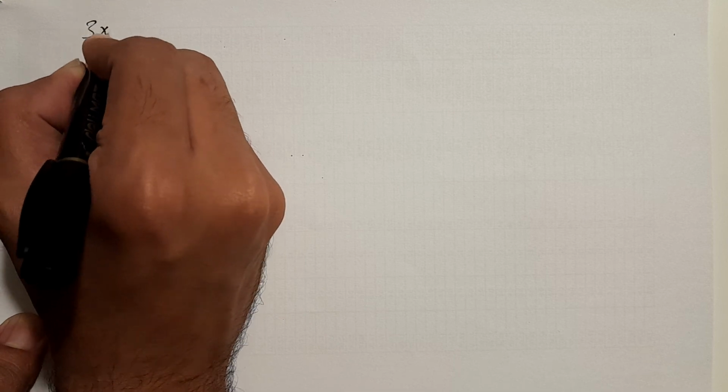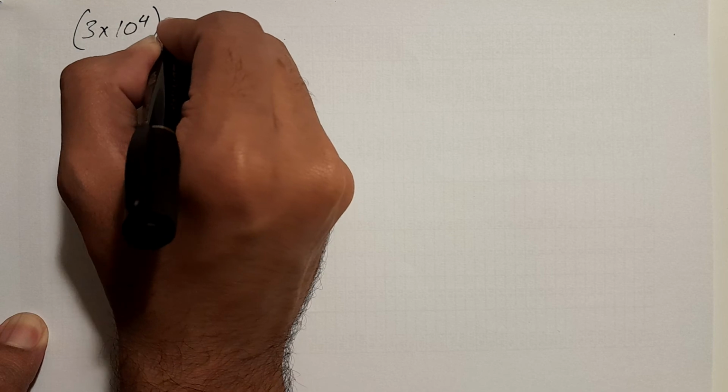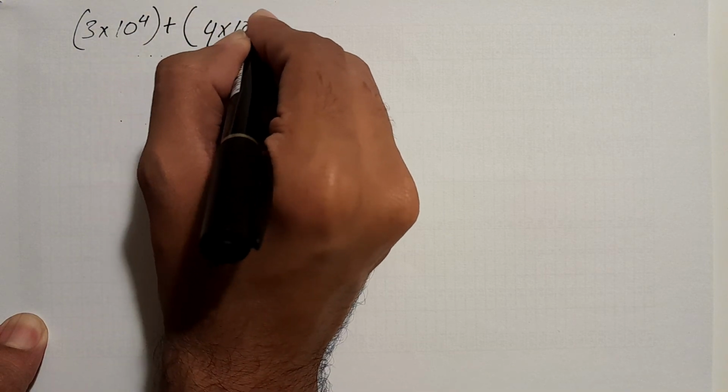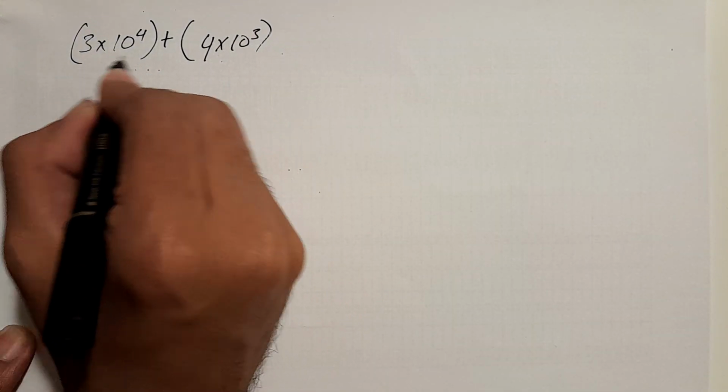Now another example for this is, if we have 3 multiplied by 10 to the power of 4 plus 4 multiplied by 10 to the power of 3. So what we will do is expand this.